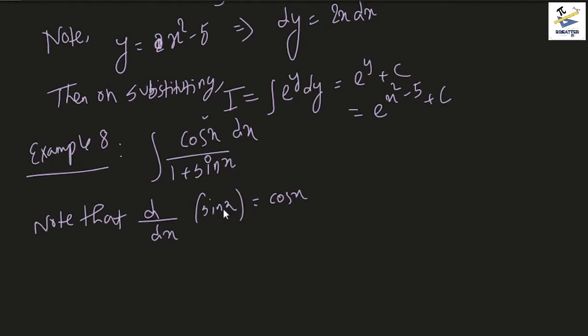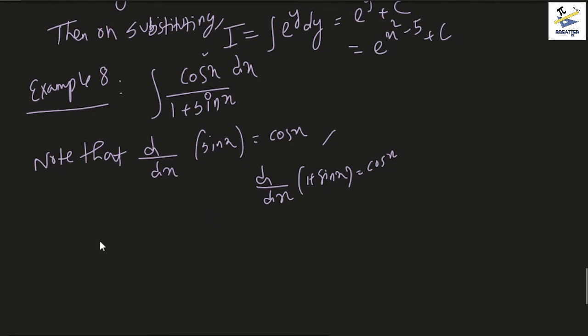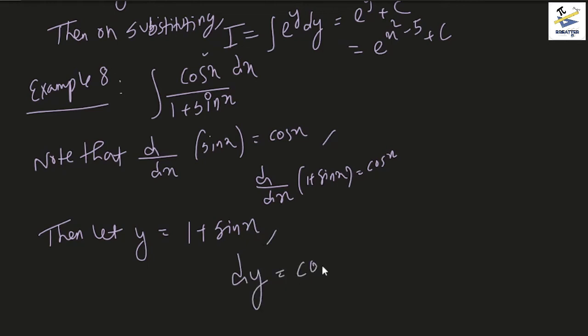So if the derivative of sine x is cos x, then the derivative of 1 plus sine x should also be cos x, right? So rather than going for the substitution y equals sine x, what we can do is directly go for the substitution 1 plus sine x. Let y equal 1 plus sine x, and from that we get dy equals cosine of x dx.